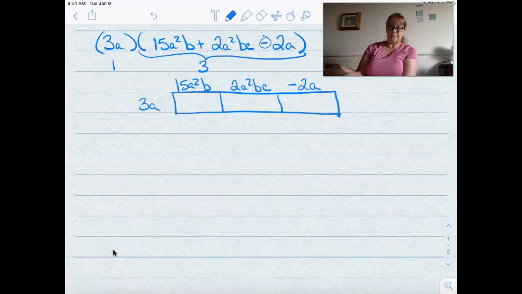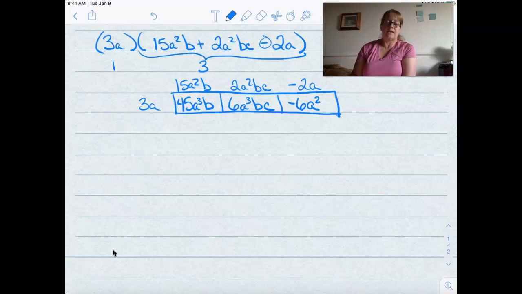Now you just multiply. We get 45a cubed b, 6a cubed bc. Don't forget your negative on this last one, so that becomes a negative 6a squared.